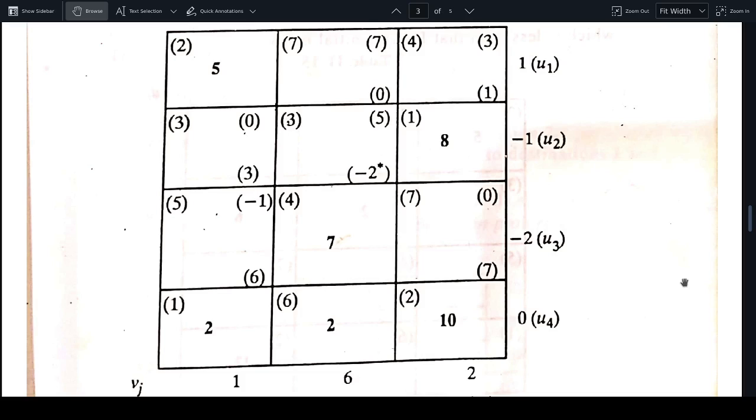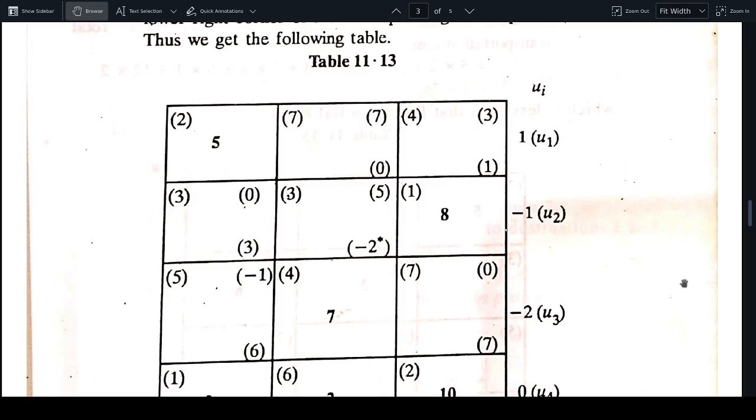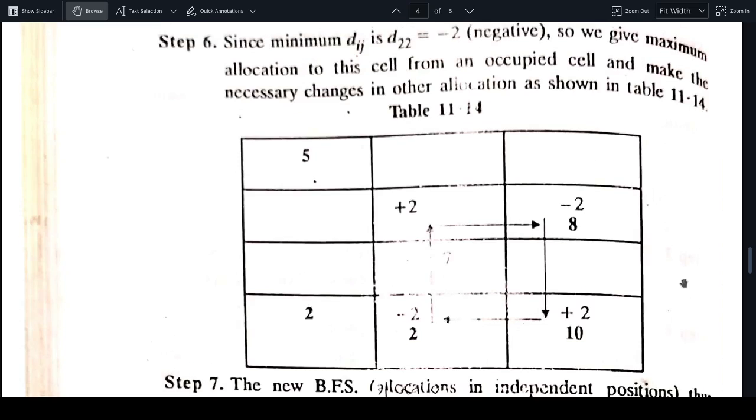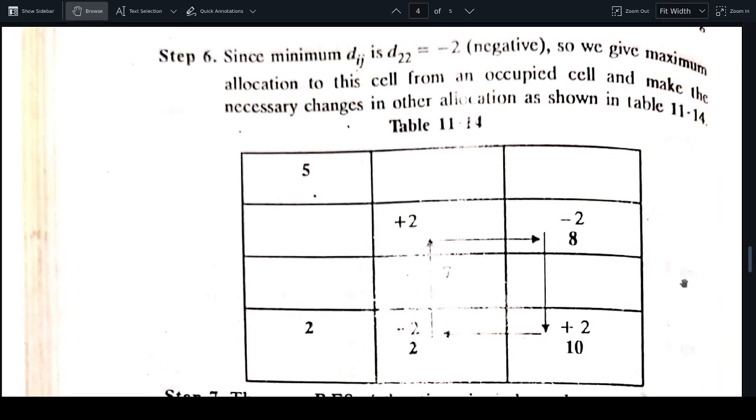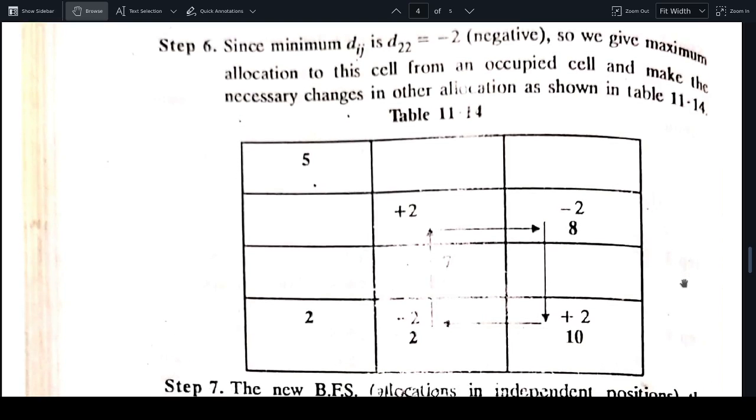You see the table number 11.1 or 14. You see the loop in this way we move, arrow symbol given. From the right hand side in 8, next we move to the downward cell where allocation present is 10, and next to the left hand side where allocation present is 2, and next again move to the minus 2 where we started. So this forms a loop.